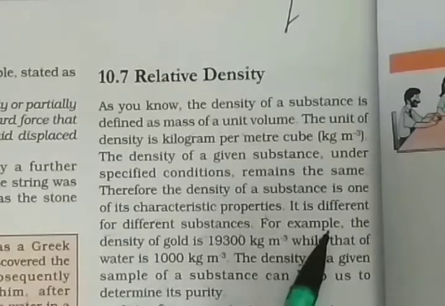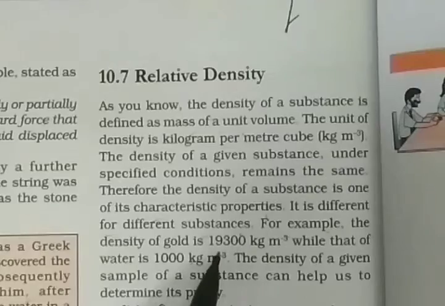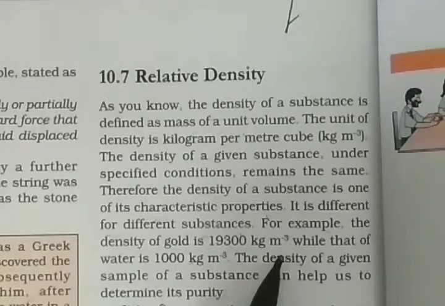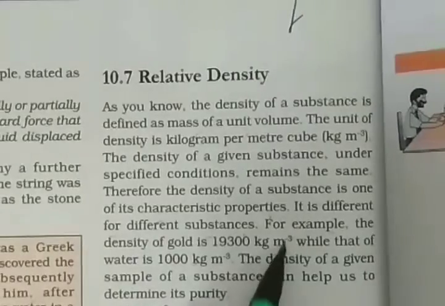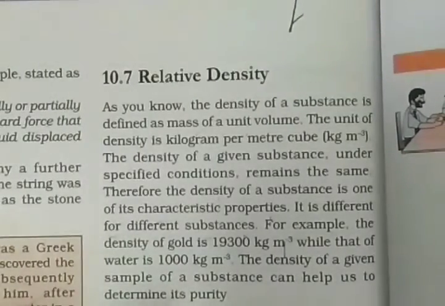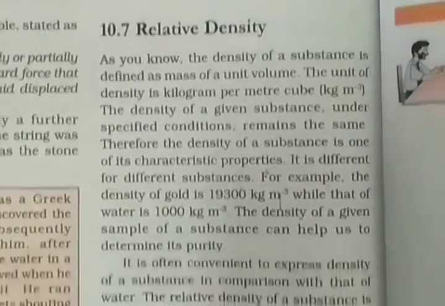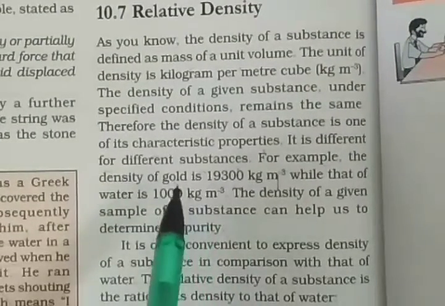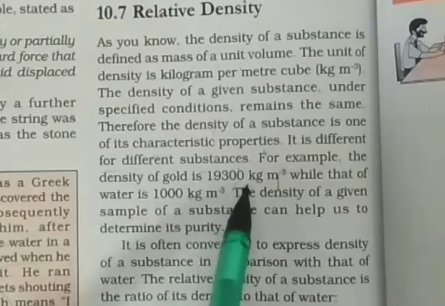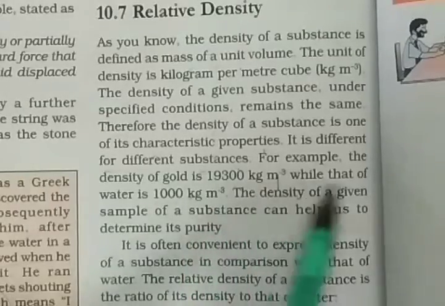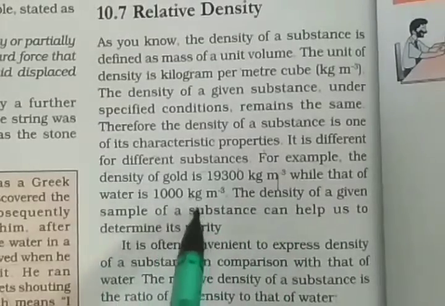For example, the density of gold is 19,300 kgs per meter cube. That means if you take a box of 1 meter length, 1 meter width and 1 meter height, how much quantity of gold can it accommodate? 19,300 kgs. While that of water is how much? 1000 kg.